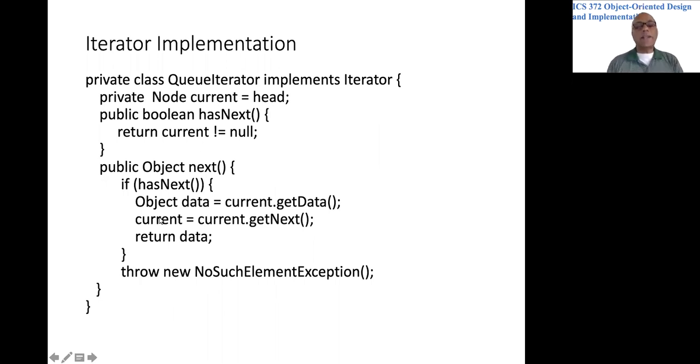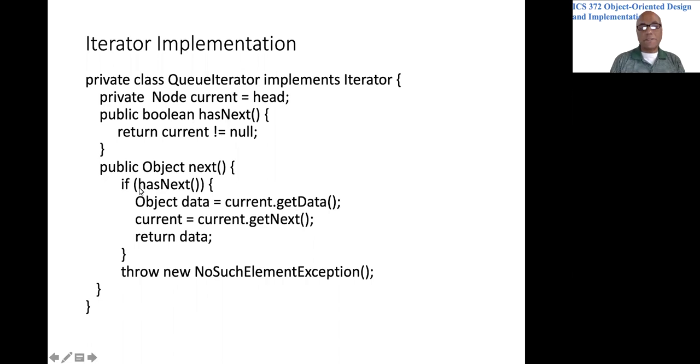As I deliver more and more objects, current will change, and eventually current would become null, which means there are no more elements to be delivered. So hasNext asks: is there one more element that I haven't returned to the client? If current is not equal to null, then hasNext returns true. If current is equal to null, hasNext returns false. As long as current is pointing to a valid, non-null object, it returns true.